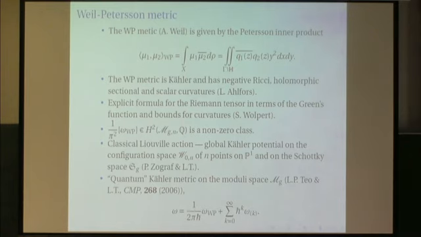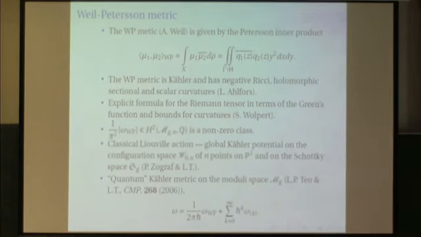So that's the first open question, which is really fundamental: understand this quantum metric. It starts from the Weil-Petersson, and then belongs to the same class with arbitrary coefficient, and all these terms can be computed explicitly. And each of them is a nice, exact (1,1)-form on the modular space. This is fundamental.